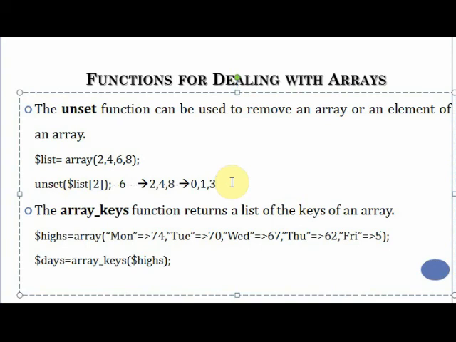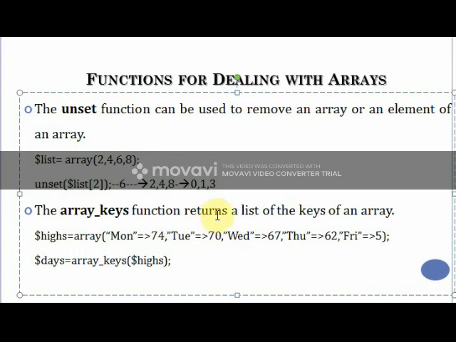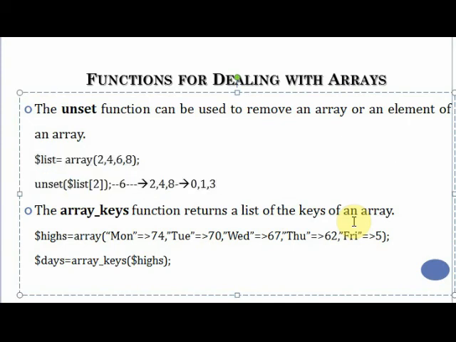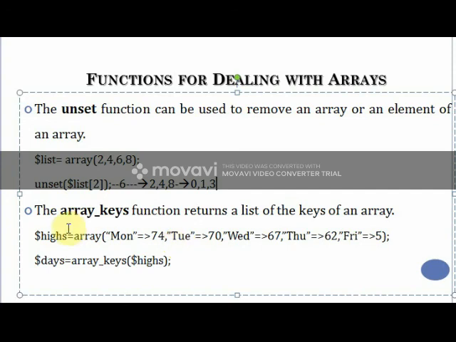Next one you have is the array keys function, which is going to return a list of keys of an array. It takes an array as a parameter and returns an array of keys of the given array. Just see this example here.